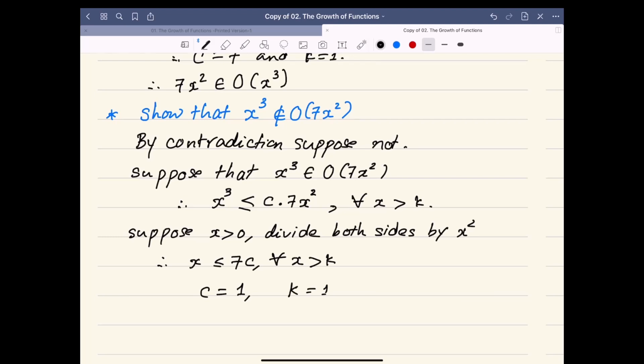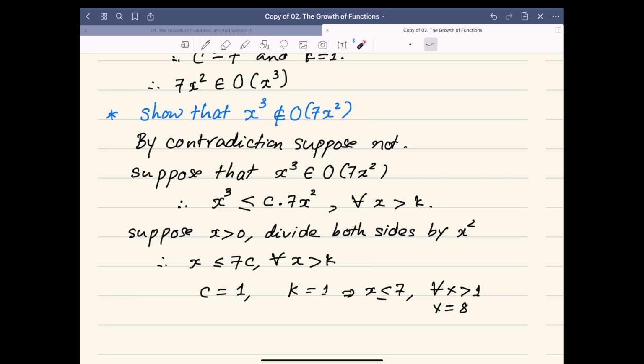So this inequality will become x less than or equal to 7 for all x greater than 1. But this statement is not always true. Imagine, for example, that x is equal to 8. If x is equal to 8, this statement is false because 8 is not less than or equal to 7. Also for 9, 10, and 11.